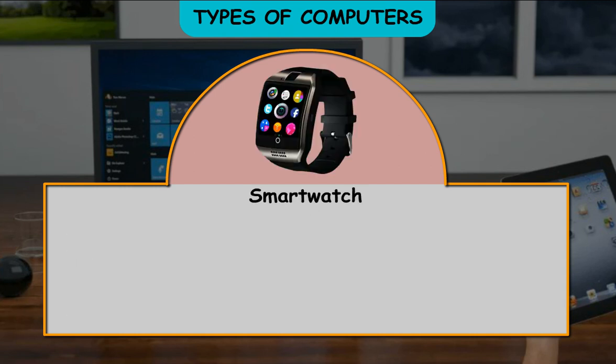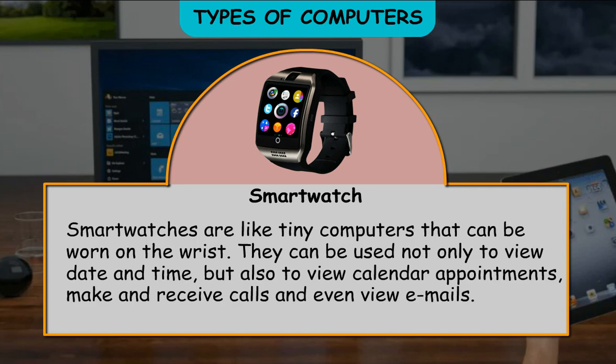Smartwatch. Smartwatches are like tiny computers that can be worn on the wrist. They can be used not only to view date and time, but also to view calendar appointments, make and receive calls, and even view emails.